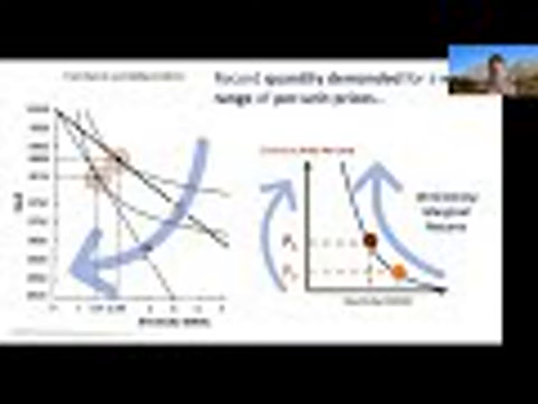If you draw your original budget constraint line and then your increased budget constraint line, you'll see the point of tangency will cause the inferior good to actually decrease in the amount demanded. And a lot of times these are things that you might think would be more attractive when you're on a lower income.